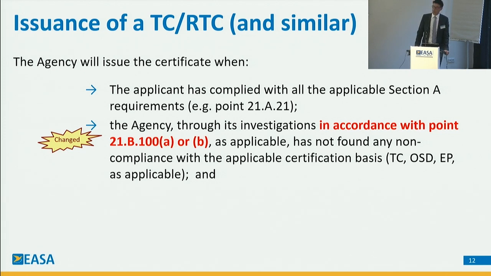And you see here in the top right corner the B paragraphs. These were switched from the A part as well. So what was before 21A103, for example, is now 21B103, and so on.